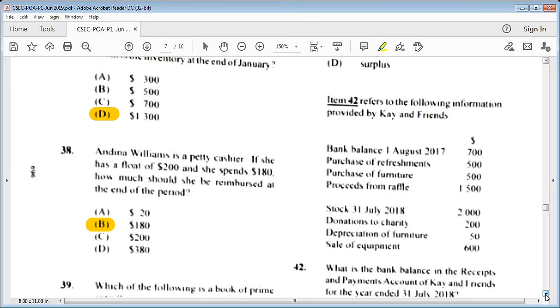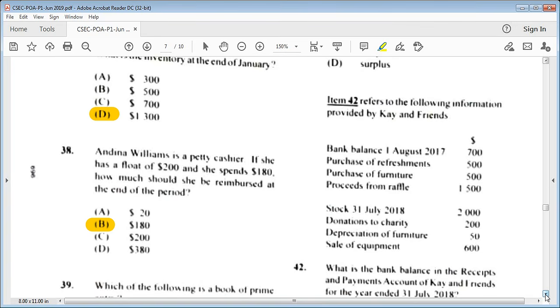42 says, item 42 refers to the following information provided by K and Friends. Bank balance at the 1st of August 2017, $700. Purchase of refreshments, $500. Purchase of furniture, $500. Proceeds from raffle, $1,500. Stock at the 31st of July 2018, $2,000. Donations to charity, $200. Depreciation of furniture, $50.